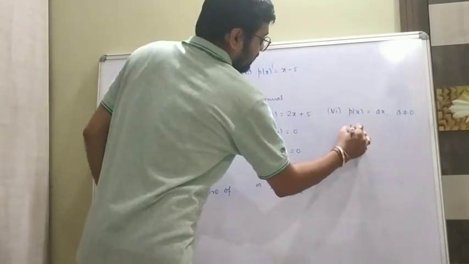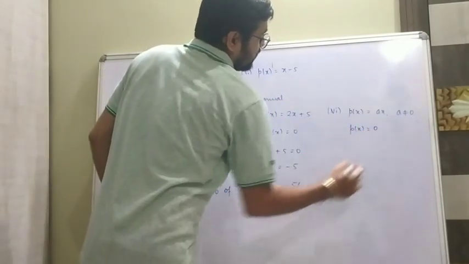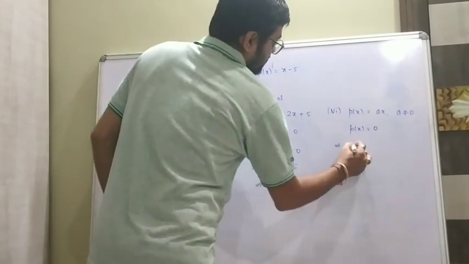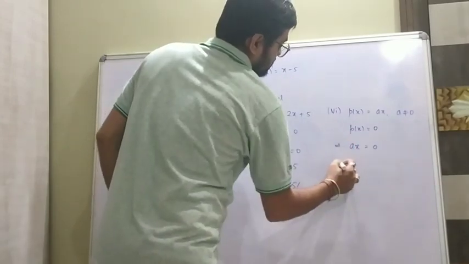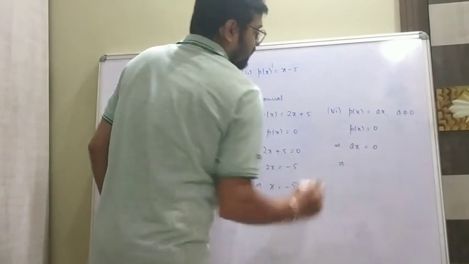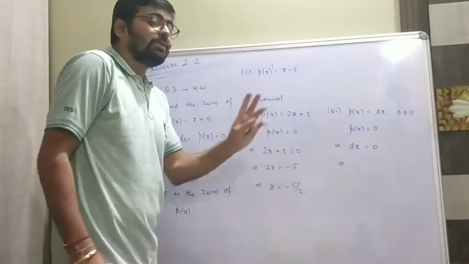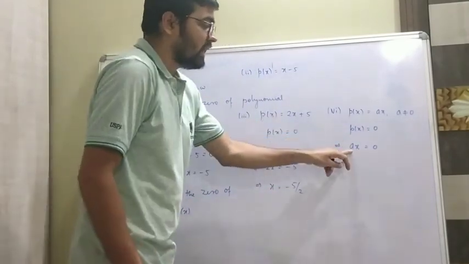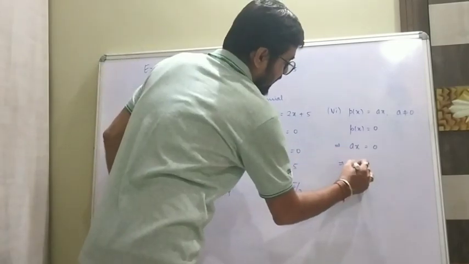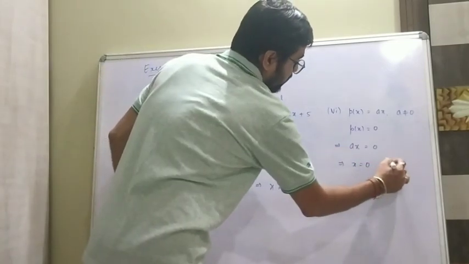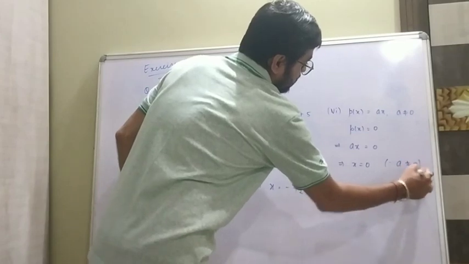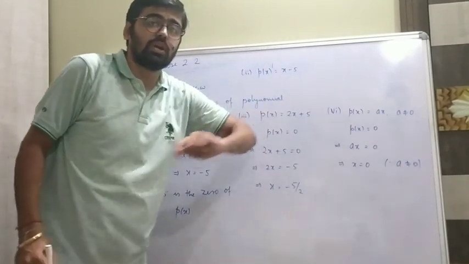So again same thing, p of x equals 0. So I can say ax equals 0. Now in this product of a and x, what could be 0? Because we already know that a cannot be 0, that means x is going to be 0. Because a is not equal to 0. That's what the question has already told us.